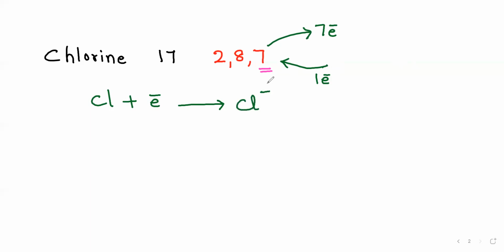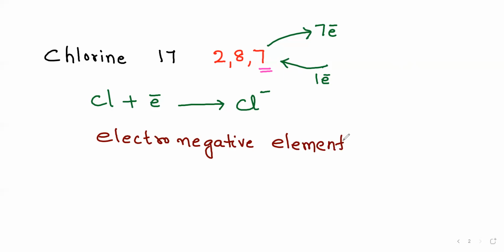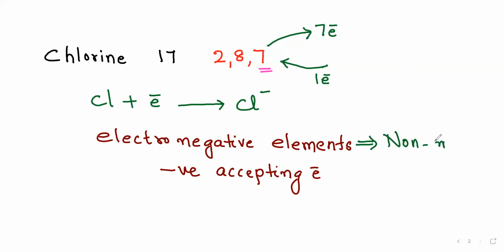These types of elements we call not electropositive, but electronegative elements. So chlorine is an electronegative element. What is electronegative? It becomes negative by accepting or gaining electrons. So electronegative elements, commonly, we call them non-metals.